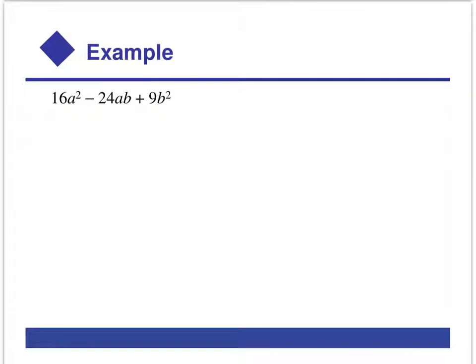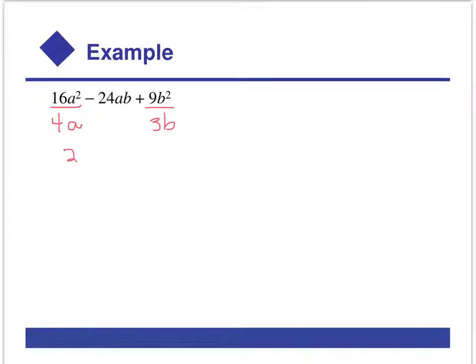Alright, 16x squared minus 24ab plus 9b squared. Are those perfect squares on the end and not being subtracted? They are. So what's the square root of this one? 4a. Square root of this one is 3b.